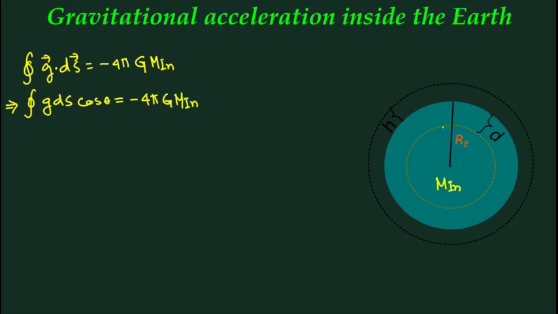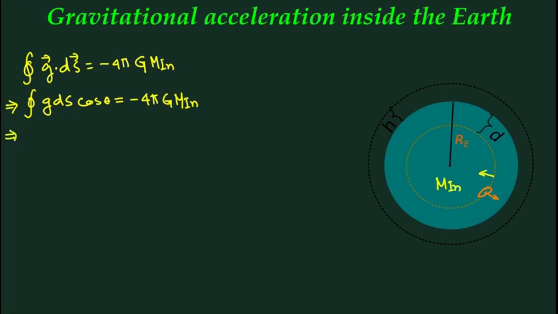Now the magnitude of the gravitational acceleration g is constant everywhere on the surface. The direction is radially inward, because if we put any mass on the surface it will be pulled downward. And the direction of ds, the surface element, is radially outward. So the angle between them is pi.